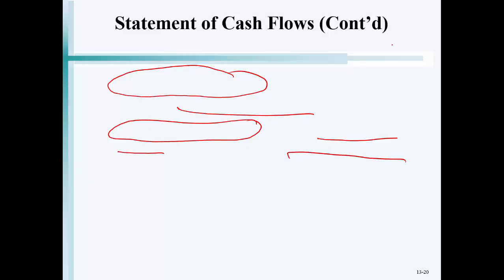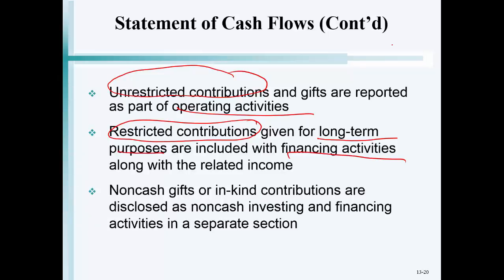Looking at this next slide, there are a couple of key takeaways about how we treat items on the statement of cash flows specific to not-for-profit organizations. An unrestricted cash contribution is reported in what section, everybody? In the operating section.